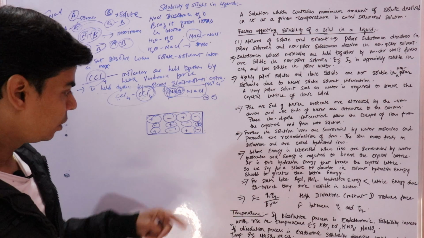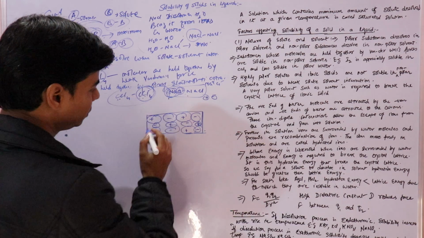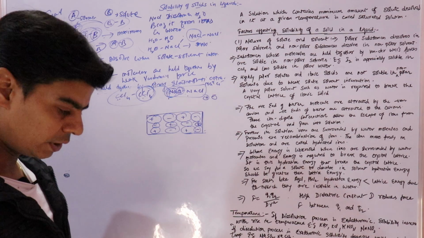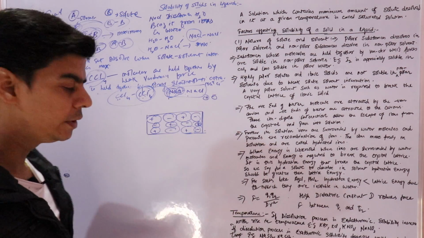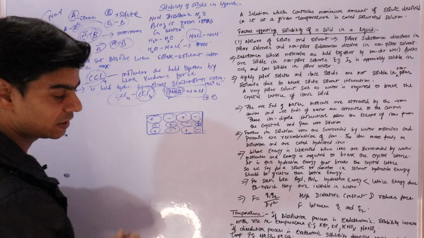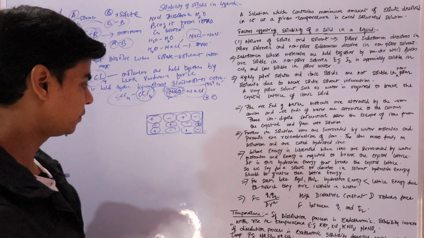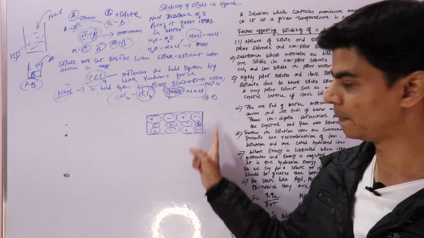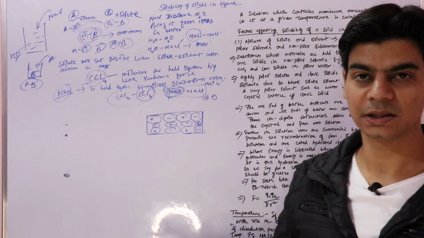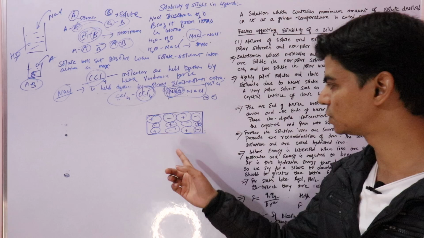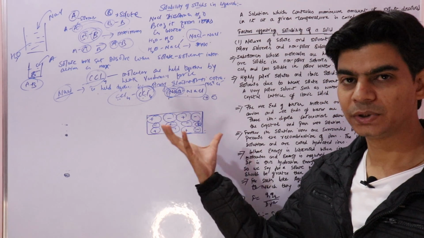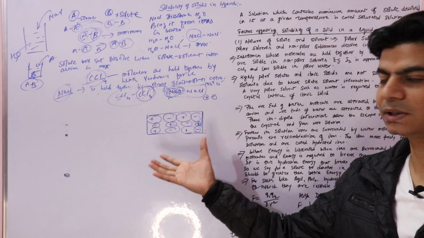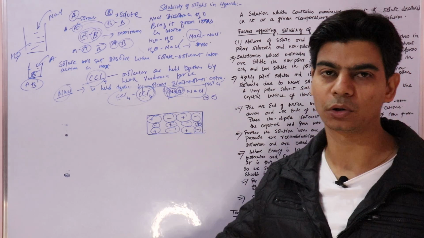So in order to dissolve sodium chloride in water or in any solvent, the solvent should be able to break this crystal lattice. If the solvent is successful in breaking the crystal lattice of sodium chloride or of any other ionic compound, then only that solvent would be able to dissolve this ionic compound in it. In this example we have considered sodium chloride and water.